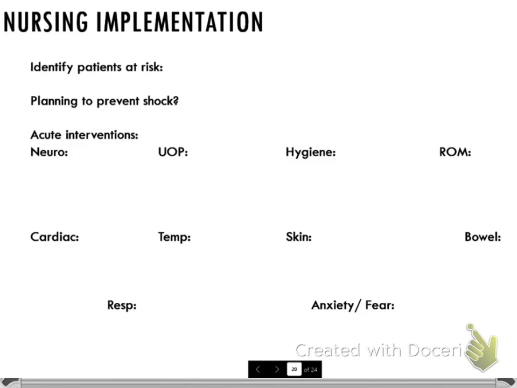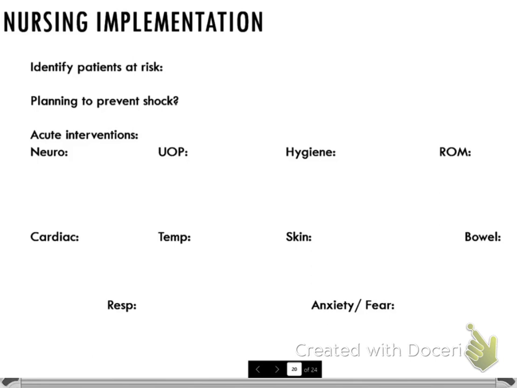That we're watching, they're all going to be on a telemetry strip, right? So we're watching for cardiac changes and trends, that we're checking cap refill and vital signs. We want to make sure that their temperature is being taken probably every hour.